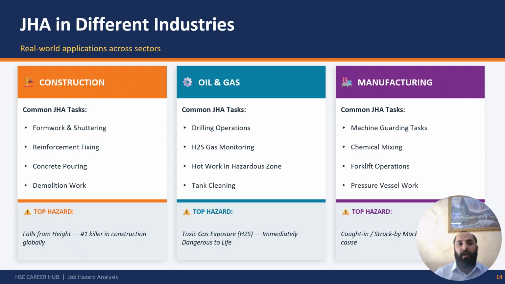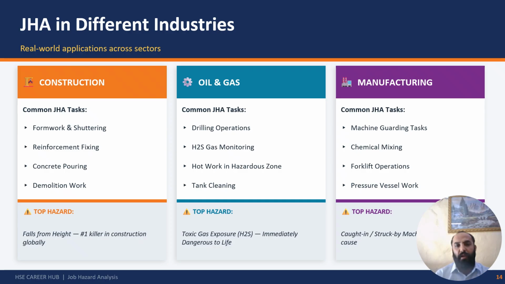Let's now talk about how JHA looks in three industries that cover probably 80% of our audience here on this channel. The first industry, construction. If you are on a construction site, your highest JHA priority tasks are framework and shuttering, reinforcement fixing, concrete pouring, any demolishing work, and scaffolding.